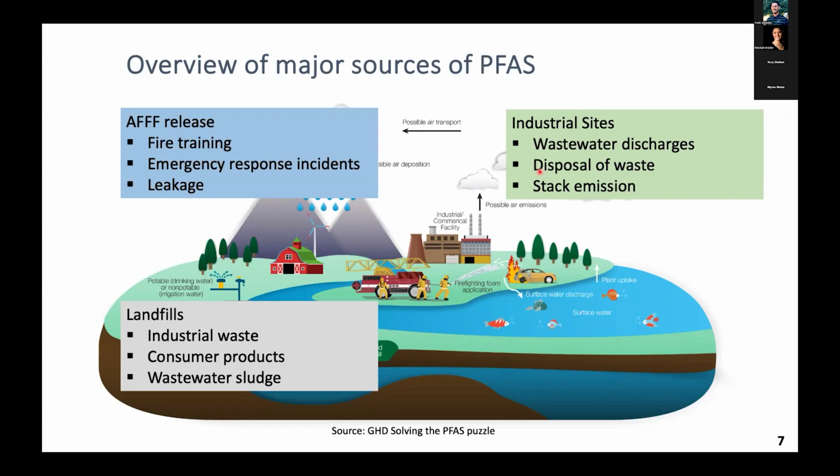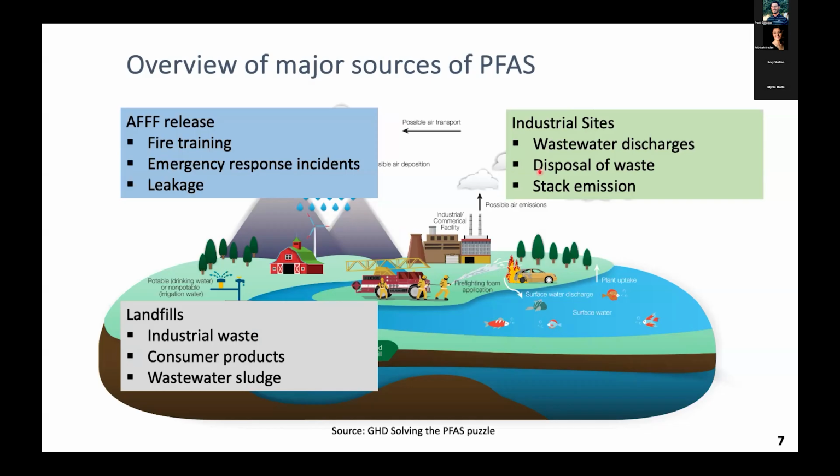landfills. And landfills, of course, take in all the solid waste that we generate, and we generate a lot of solid waste. And so you have industrial waste from perhaps the manufacturer and certainly the industries that use PFAS molecules that contribute solid waste. And of course, consumer products. It's in our clothes, it's in our frying pans, it used to be in things like McDonald's hamburger wrappers.